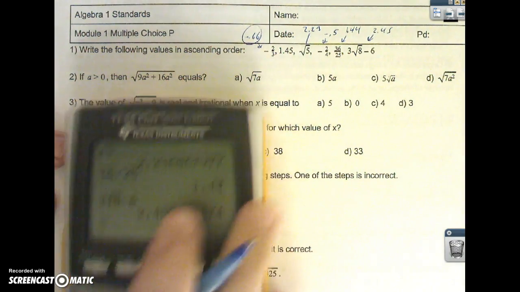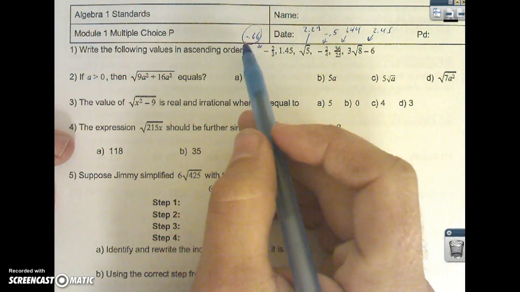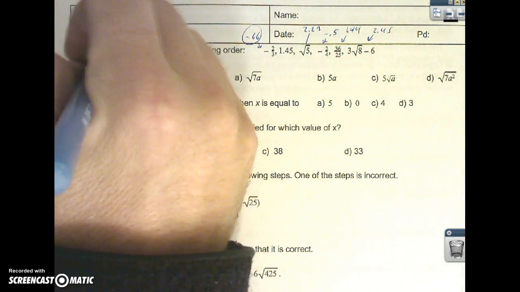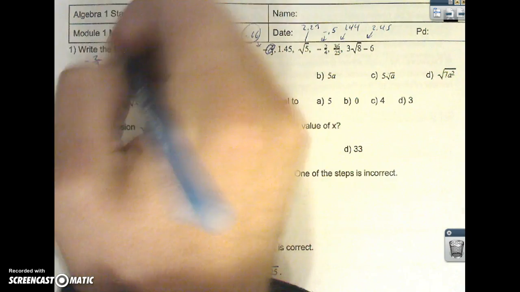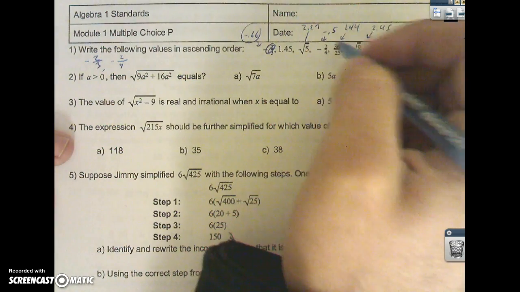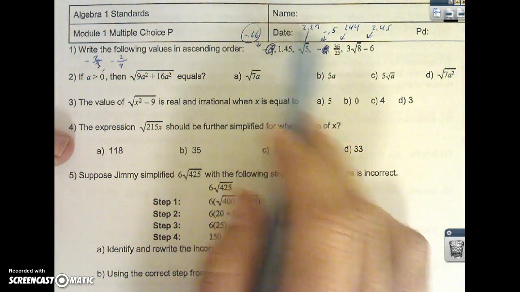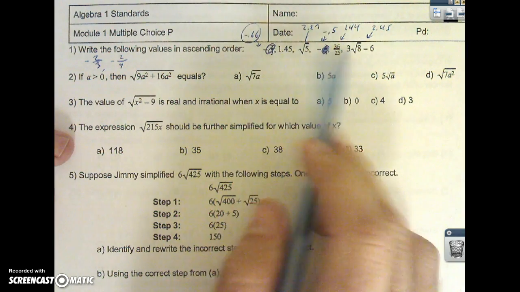Okay? So, when we go in ascending order, it's the smallest number first. Negative 0.66 is smaller than negative 0.5. So that goes first. Negative 2/3. Cross it off. Next is negative 2/4. Cross it off. Okay, look what we have left. 2.23, 1.44, 1.45, and 2.45.